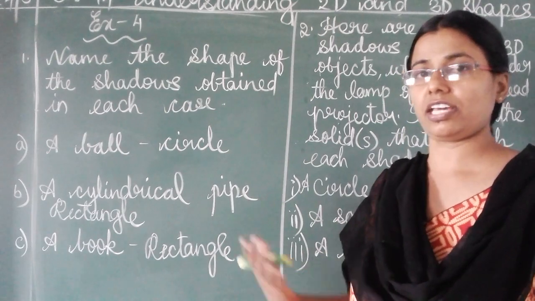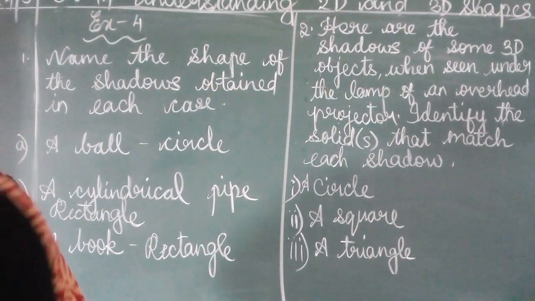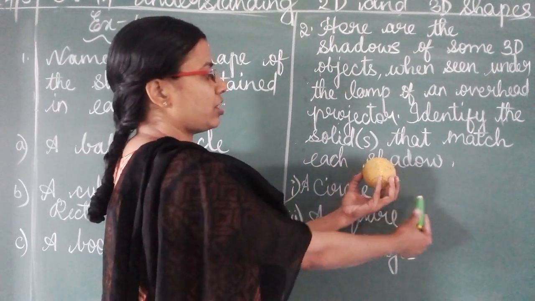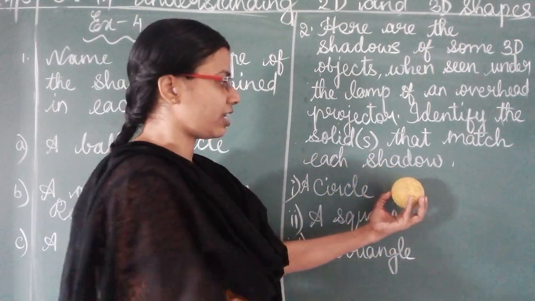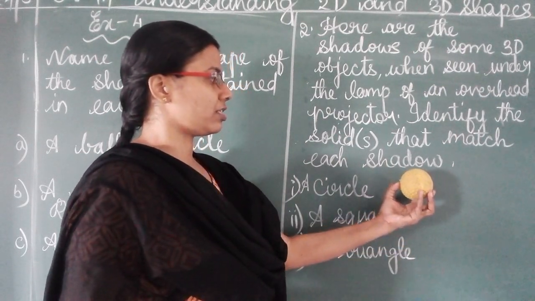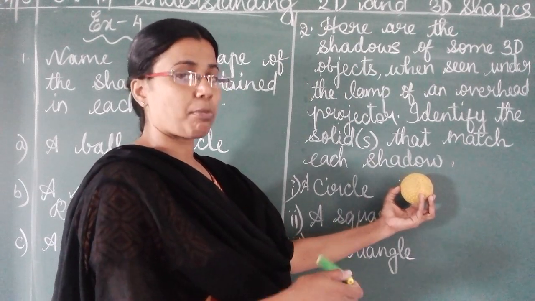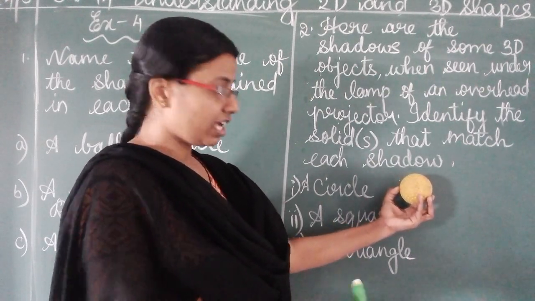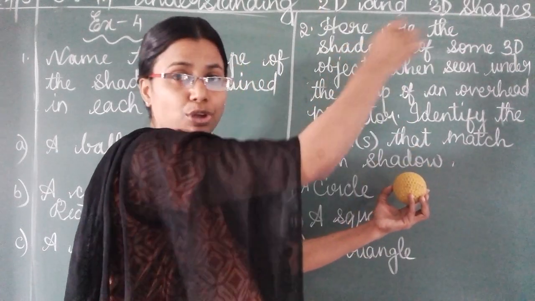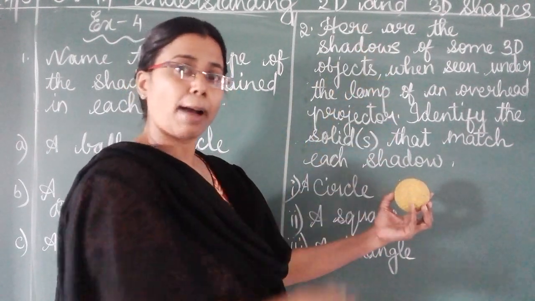Here you are able to see the circle formed. Sidewards we were seeing, but now what they are asking is, if the light is kept under the object, the shadow is going to be formed on the overhead projector, up above.